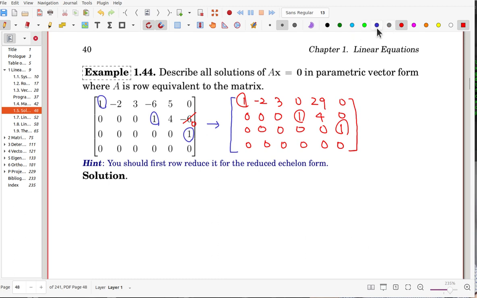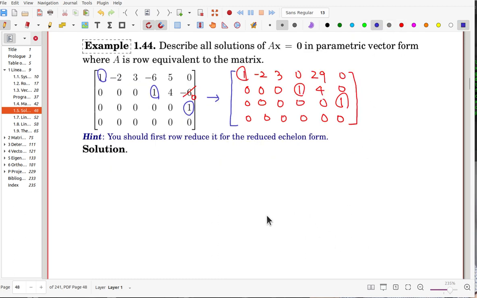From this one, now we can get the solution. Here, x1, x4 and x6 are basic variables, and x2, x3, x5 are free variables. So we keep basic variables on the left hand side and free variables on the right side.